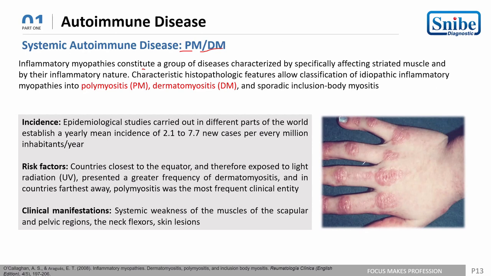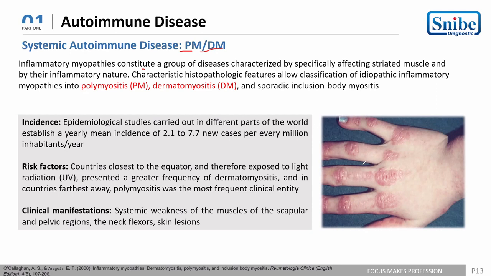So basically, it's an inflammation of the muscles. These inflammatory myopathies are a group of diseases characterized by inflammation of the striated muscles and histopathological features, which are also classified into idiopathic inflammatory myopathy and sporadic inclusion body myositis. These are the disease conditions in PM and DM.